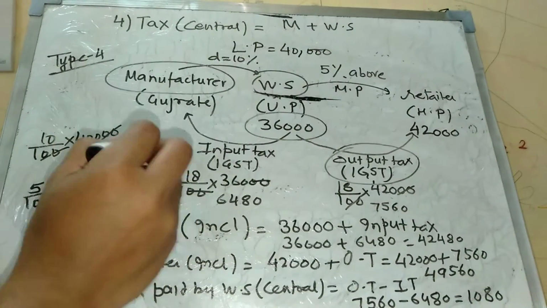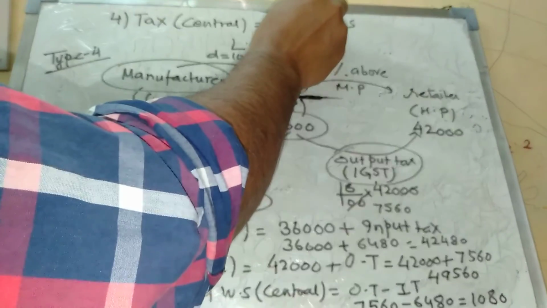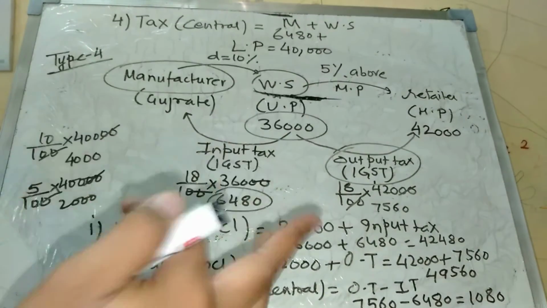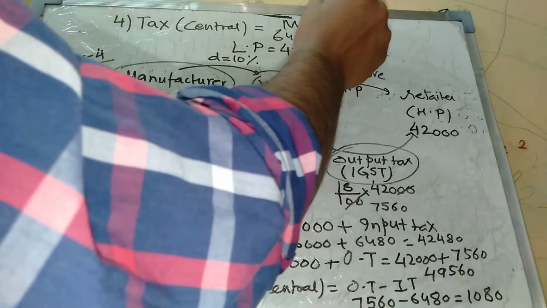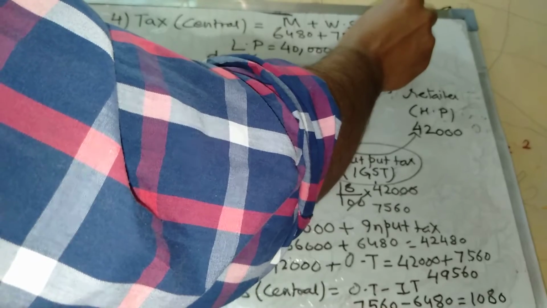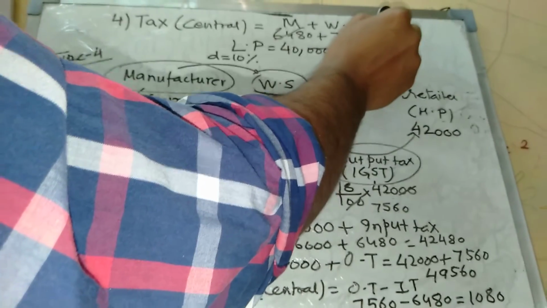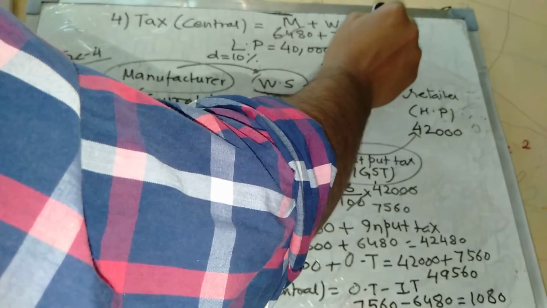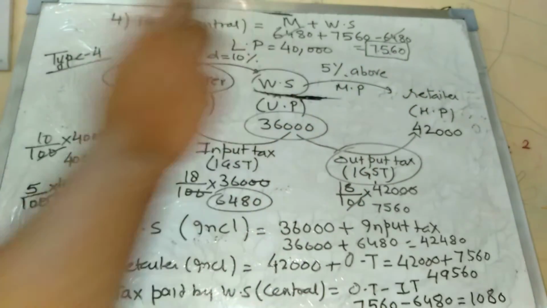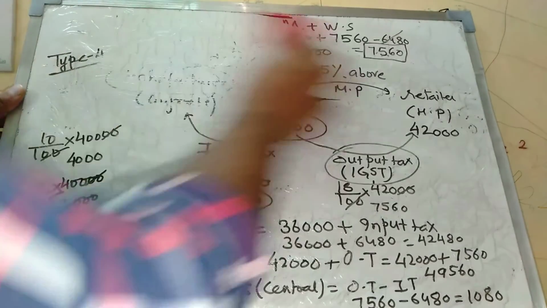So the manufacturer will pay 6480 to the central government and the wholesaler will pay the difference, output tax minus input tax. So 6480 cancels out. So the total tax received by the central government will be 7560. Right? Okay. Move on to the next question of this type.